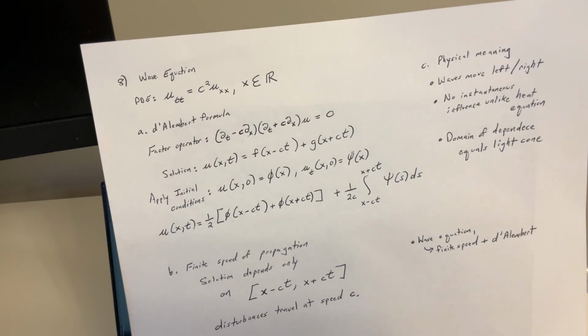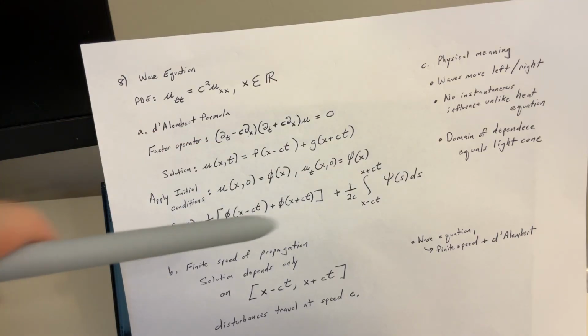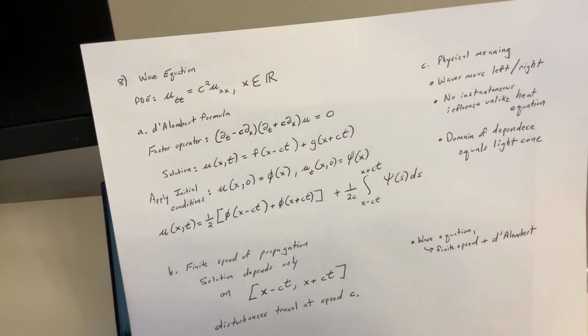So this last line gives us what we need for the answer to letter A. Okay, and that was the D'Alembert formula helping us with that one.